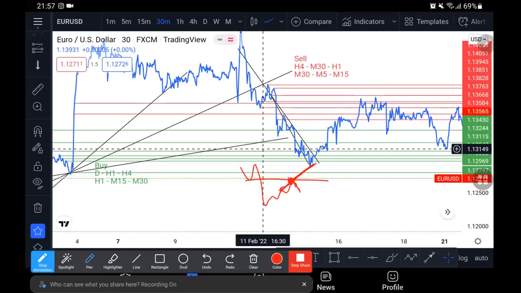So after this one fails, we can put the trend line. And after we put this trend line, when the price touches it, it should have momentum. Otherwise, we cannot use it again.